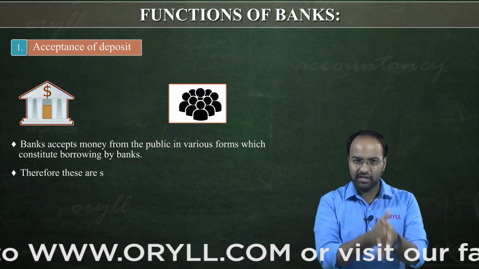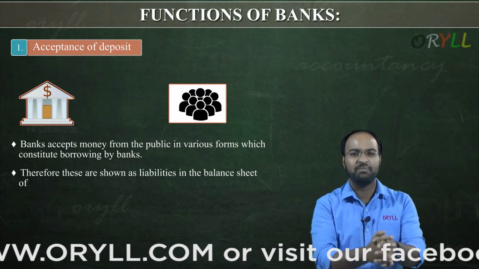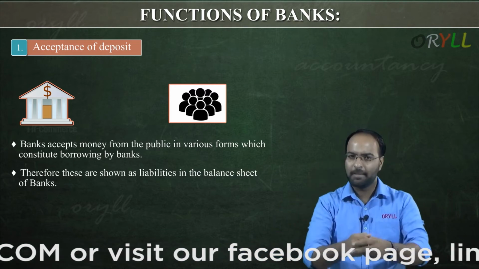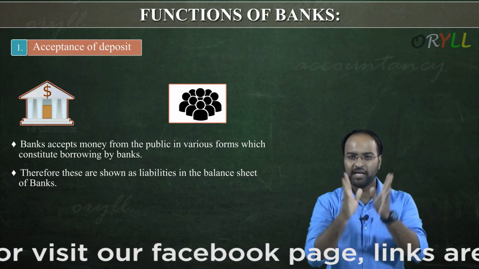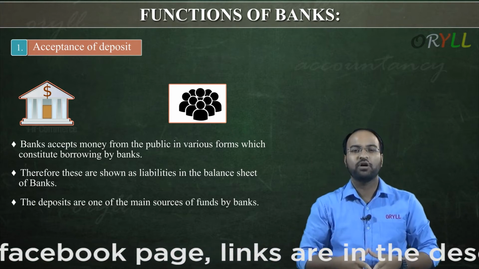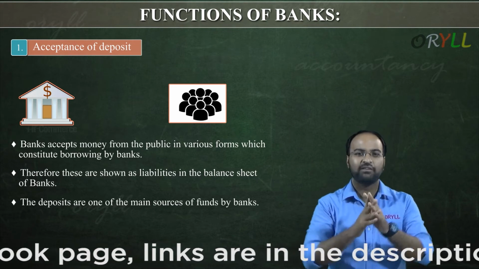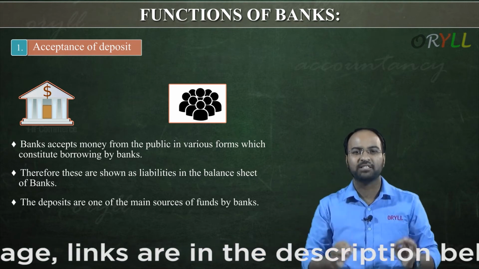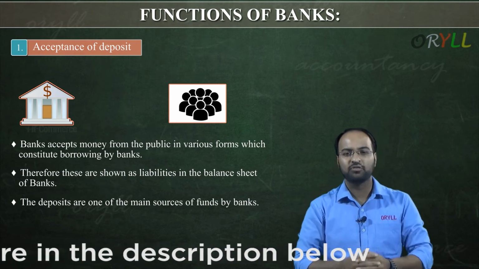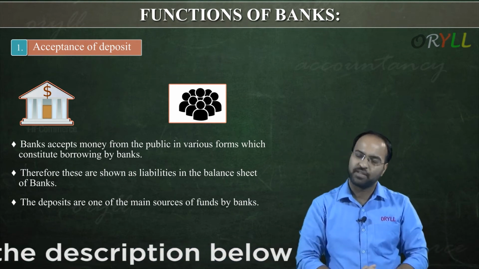Therefore this deposit will be shown as liabilities in the balance sheet of the bank. Why? Because they have to return this money to the public. Yes or no? And remember this, deposits are one of the main sources of fund for the bank. The bank will have the money only when the public is depositing. Hence deposits are one of the main sources of fund for the bank.